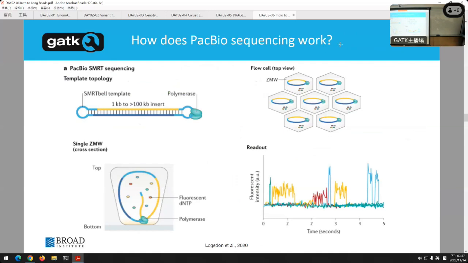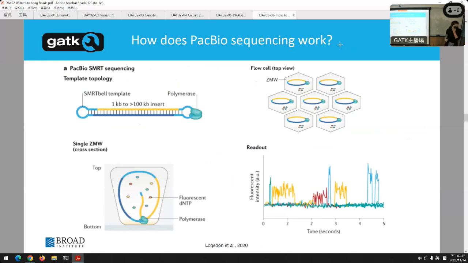And PacBio is also sequencing by synthesis, but with a few different changes. So the first change is that the DNA fragments are obviously much longer. That is kind of the point of long read sequencing.